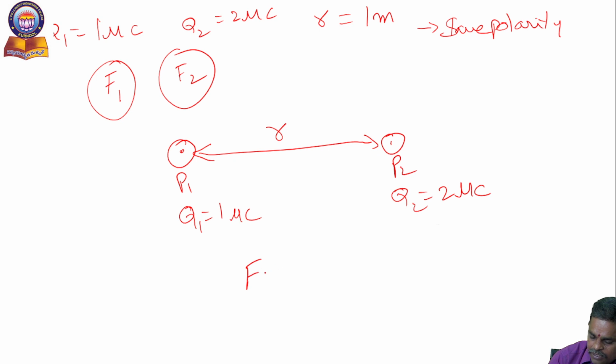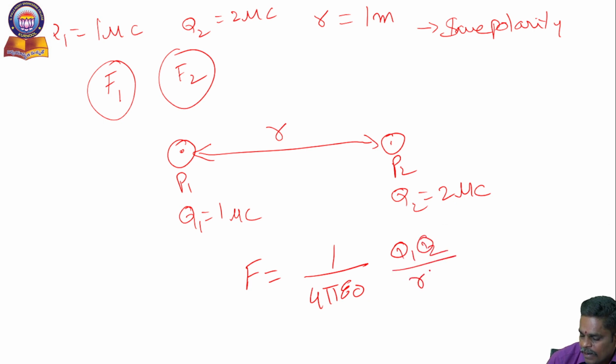F is equal to 1 by 4 pi epsilon naught Q1 Q2 by R square times AR or R cap, the unit vector. That depends on which book you follow. Don't be confused, AR and R cap are both the same.